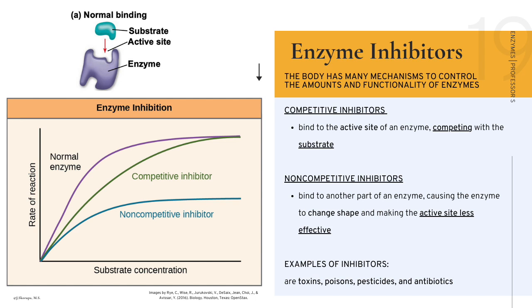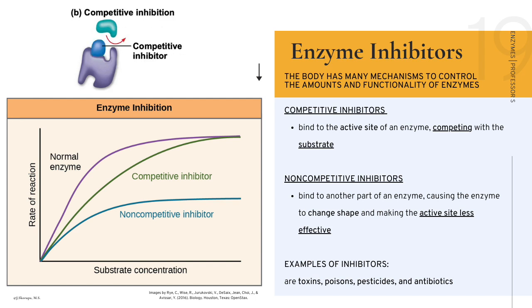We already know that substrate concentration can affect the rate of reaction up until the point at which the enzyme becomes saturated. But why do reactions in the presence of competitive and non-competitive inhibitors have different rates? And why does competitive look different from non-competitive?